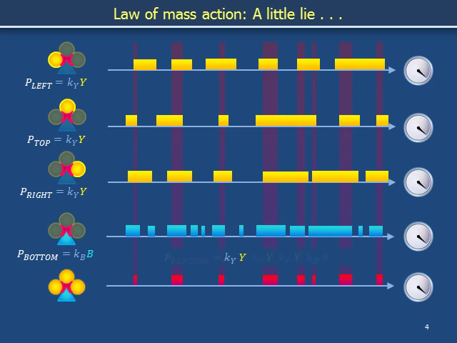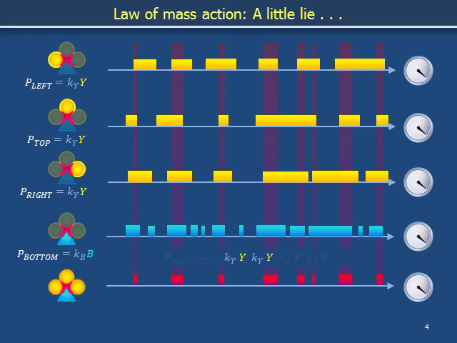The left groove is occupied for a fraction of time k sub y times the concentration of y. Within this fraction of time, the top groove is itself occupied for a fraction k sub y times the concentration of y of the time. Thus, the fraction of the time that both left and top grooves are occupied is k sub y times the concentration of y times itself, k sub y times the concentration of y.